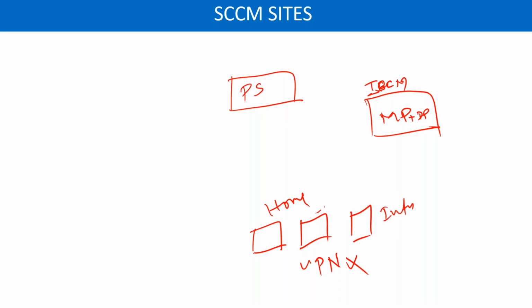So through the internet, they can communicate to this IBCM, and from here they can download the content. So you don't need the virtual private network, or to take the computer to the office to get the LAN network. You can get the content over the internet as well.